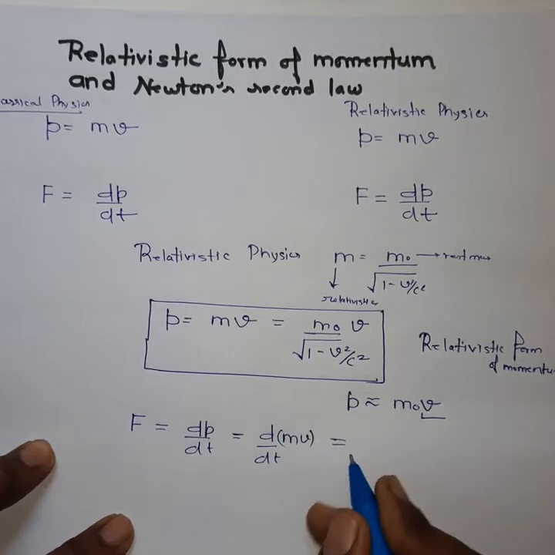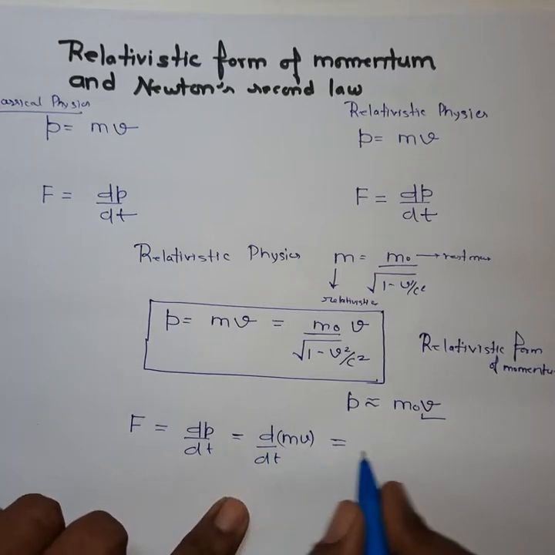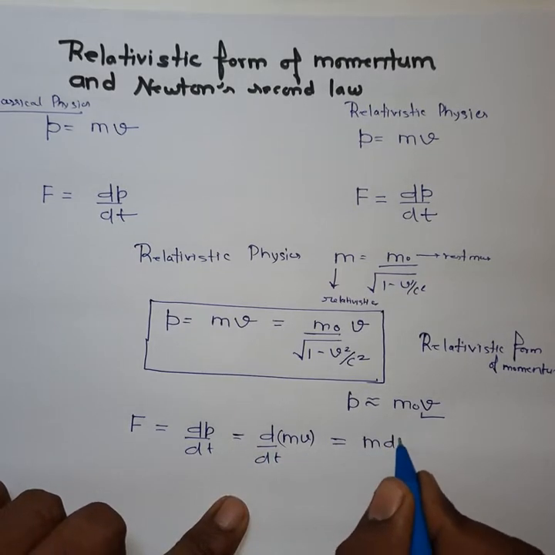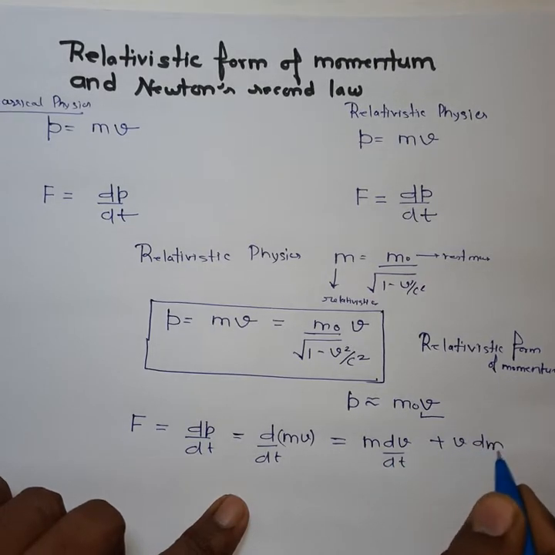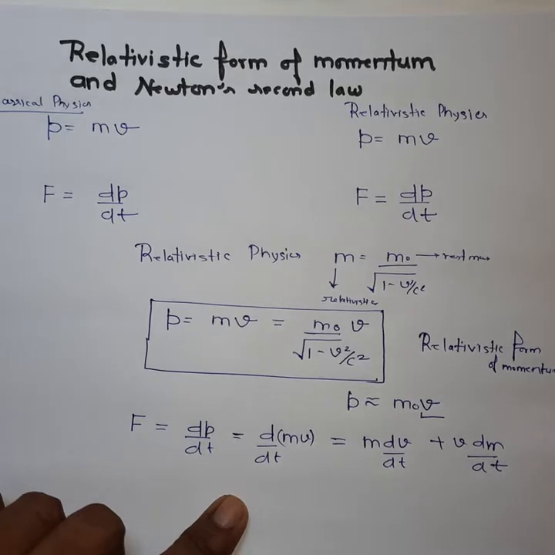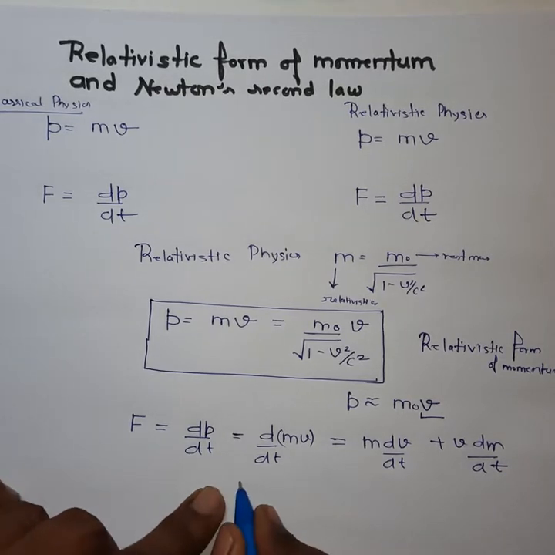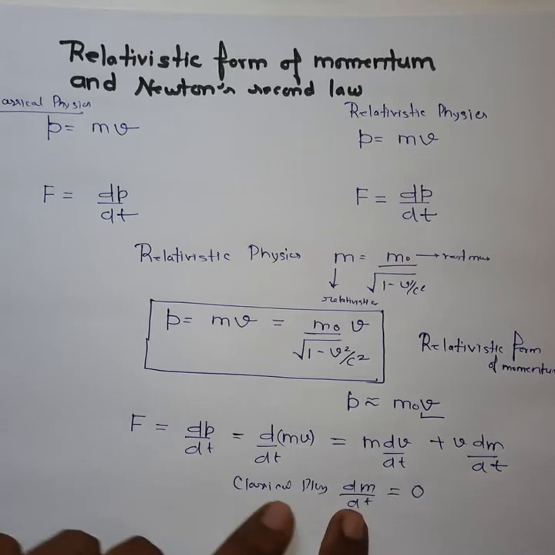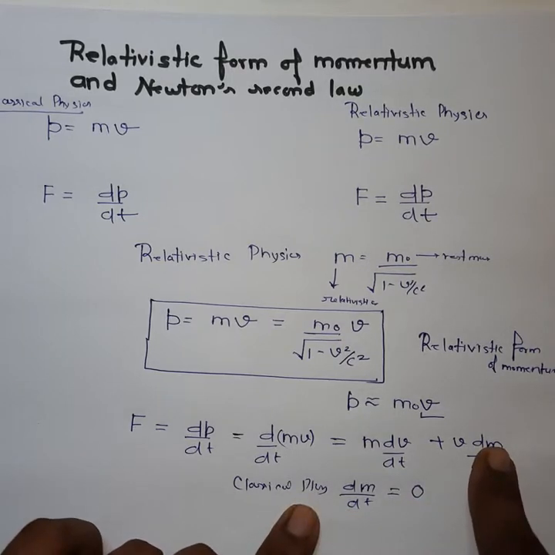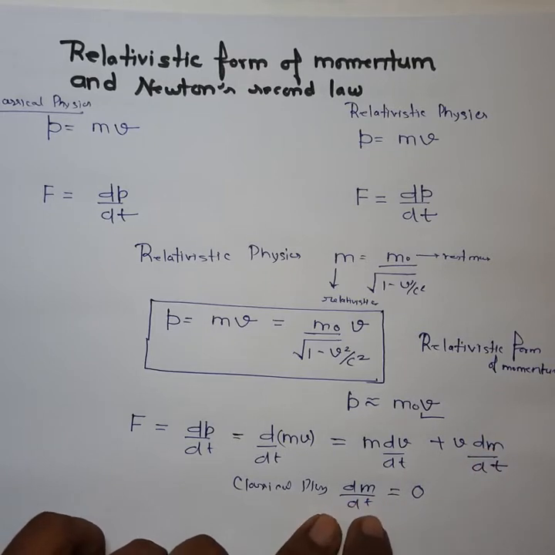So you can differentiate it by parts, and write it as m dv/dt plus v dm/dt. In classical physics you know that dm/dt will be equal to 0. Why? Because m does not depend upon velocity but is constant, so m does not vary with time, hence dm/dt was 0.